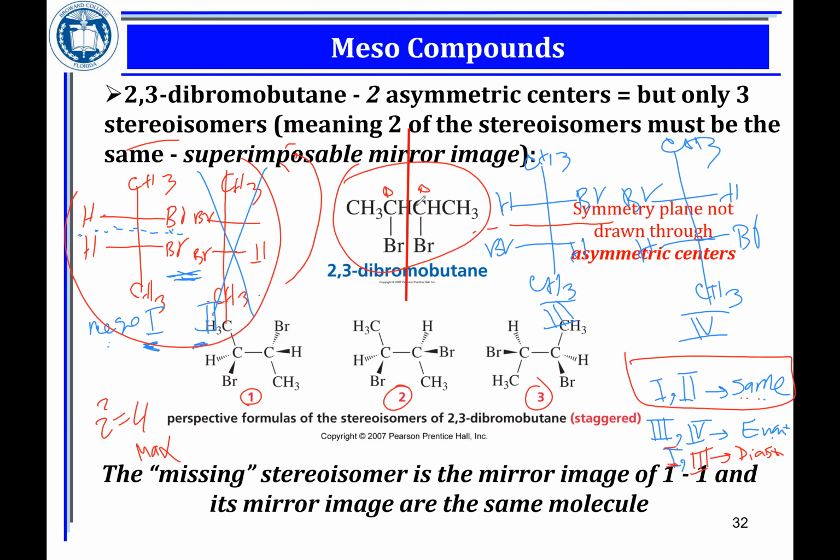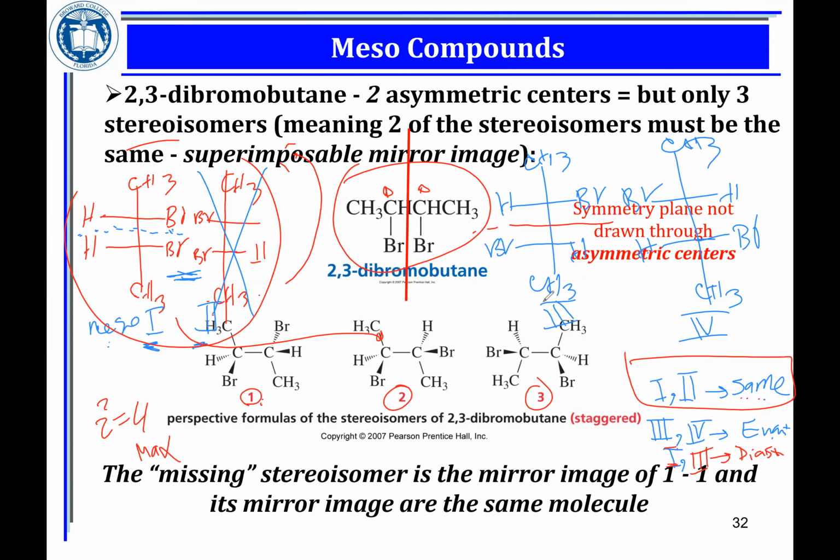Professor, doesn't the skeletal formula show that both bromines are on the same side though? Yes, so you have the same thing as structure 1. This is coming from structure 1. Both bromines are on the same side, so we didn't draw another one. It's the same molecule. But that wouldn't be for 3 and 4 though, right? No, 3 and 4 is like this.